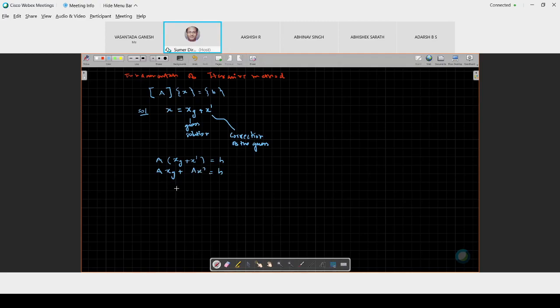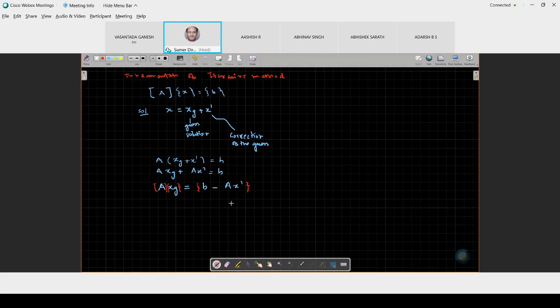Okay. So finally, what you can write is A xg is equal to b minus A x prime. So you see, this is again a similar form. This is like a matrix, and we have the guess, and we have this right hand side, the known values.